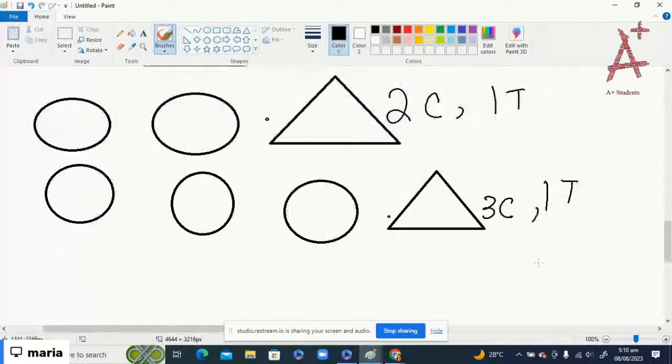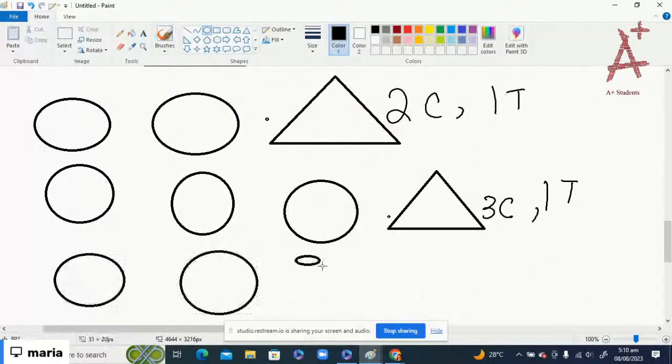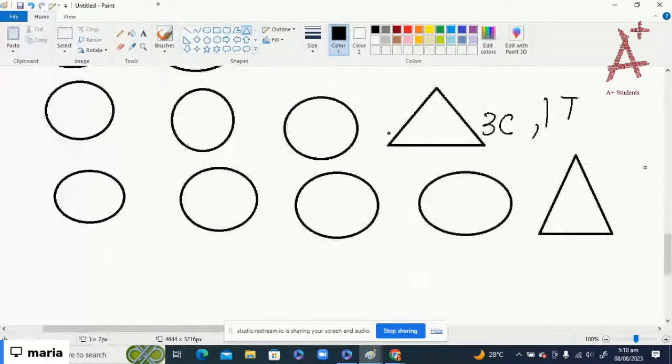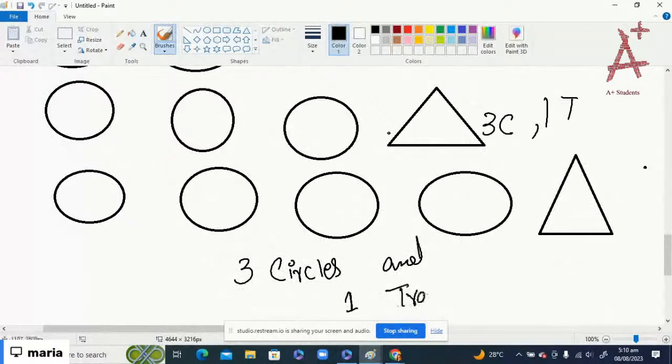So in the fourth row, again the circles are increased, and the number of triangles is still the same. So in that row, how many circles? There are three circles and one triangle.